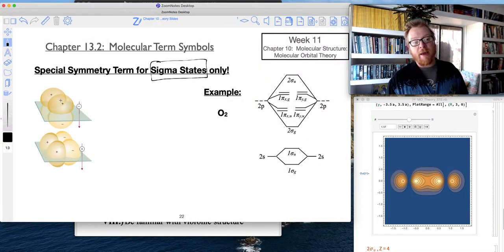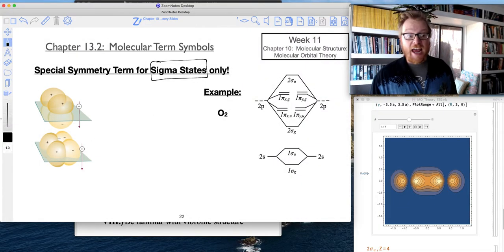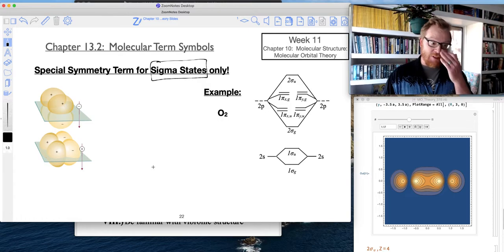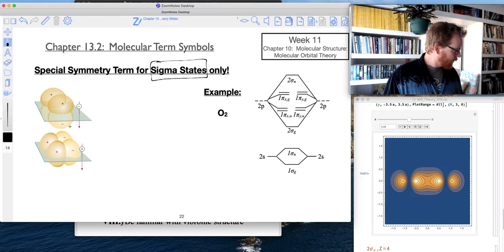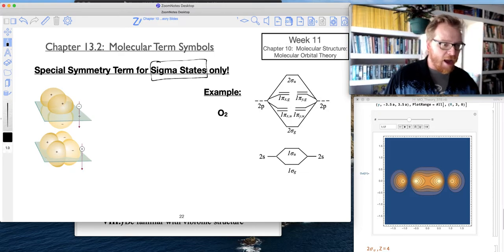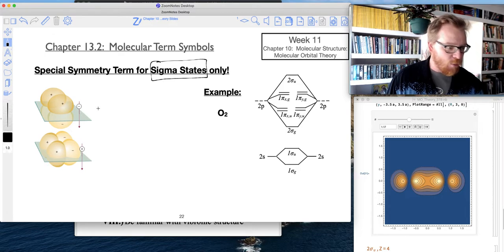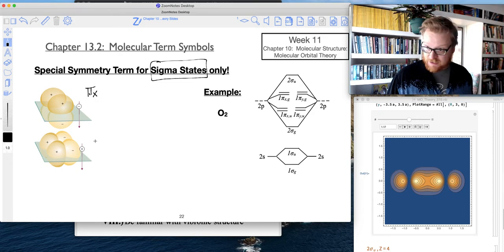Well, nitrogen is made up of a sigma state, but it's a sigma state from the confluence of pi bonds. Okay. So now if we look at this symmetry operation here, I'm going to define this one as the pi x, and this one we'll define as the pi y.